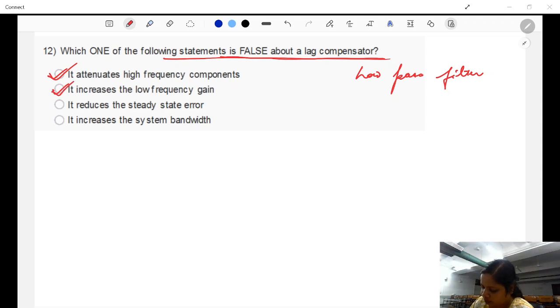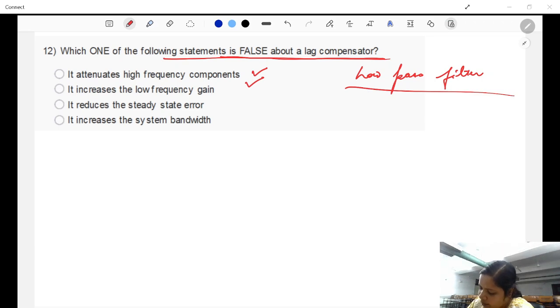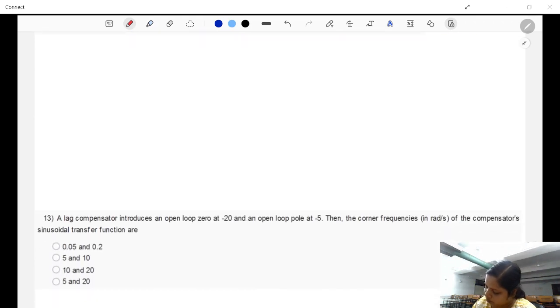This is also correct because your steady state error decreases. You really have low pass filter characteristic. It reduces the steady state error, the same option. It increases the system bandwidth. It does not increase the system bandwidth. Okay, since it is a low pass filter, your cutoff frequency is going to lie some way before. It's not going to go into high frequency region. So it increases the system bandwidth is the correct answer, and it is false about a lag compensator.